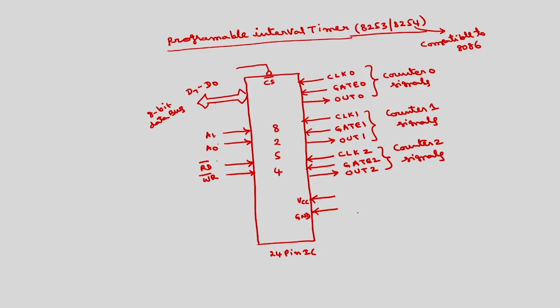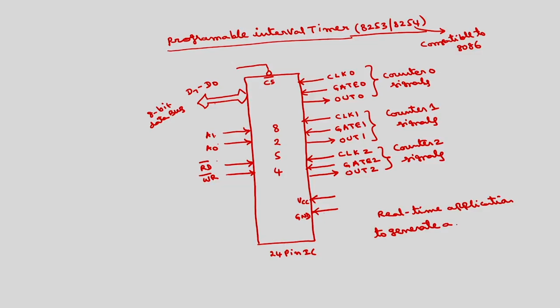Basically, this programmable interval timer will be used in real time applications to generate accurate delays. Using delay programs, we cannot generate accurate delays, but there are some applications where we have to generate the delays precisely, very accurately.